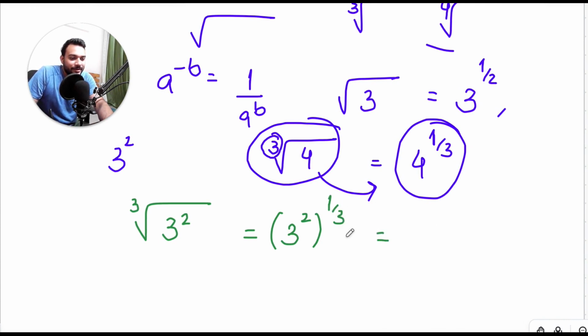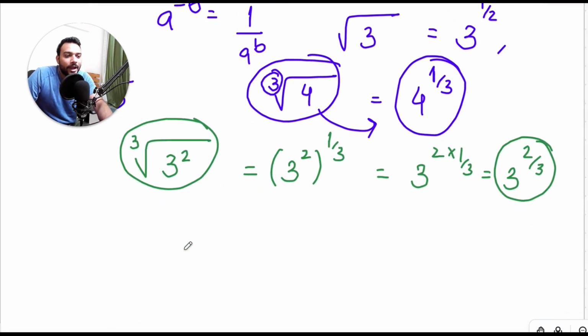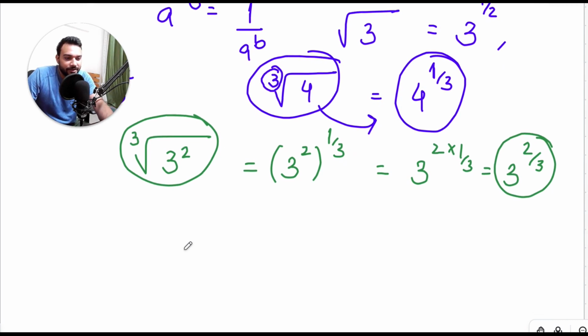Now apply rule number 6 as far as I can remember, a raised to the power b raised to the power of c, which is a raised to the power b times c. 3 raised to the power 2 times 1 by 3, or 3 raised to the power 2 by 3. This is the exponent expression for this radical expression. Okay, why do we convert into exponent expressions? Because it's easier to operate after that, it's easier to deal with after that.